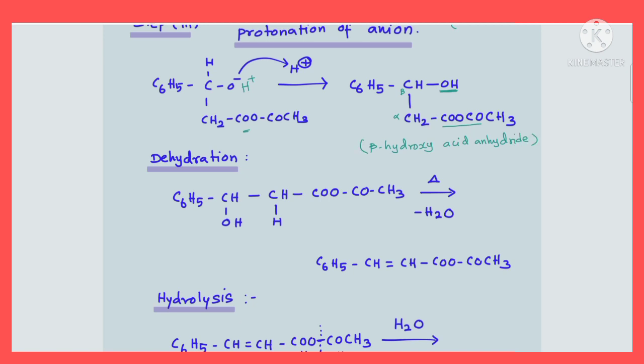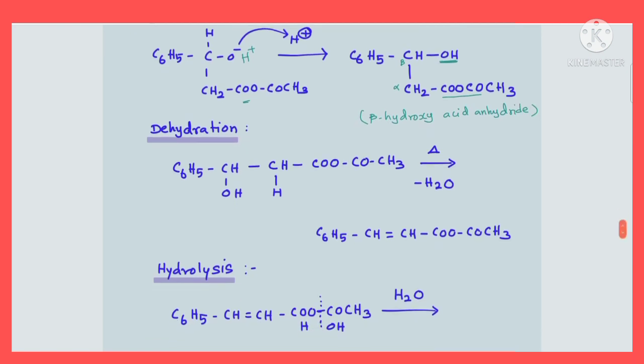Now the next step is dehydration. I have written the previous beta hydroxy acid anhydride here. Now this is the alpha carbon, this is the beta carbon, isn't it? Now the OH group from the beta carbon and H from the alpha carbon will be removed as water.